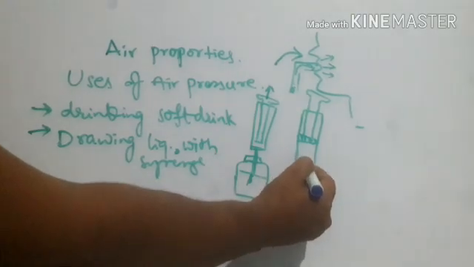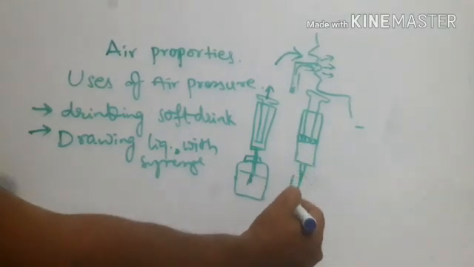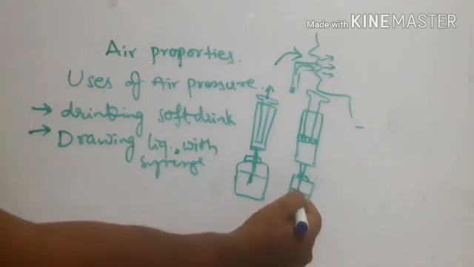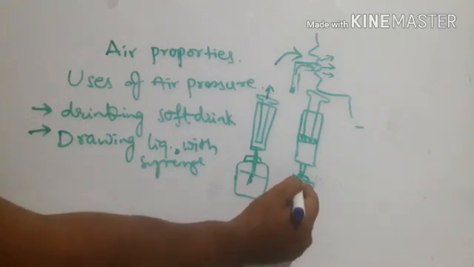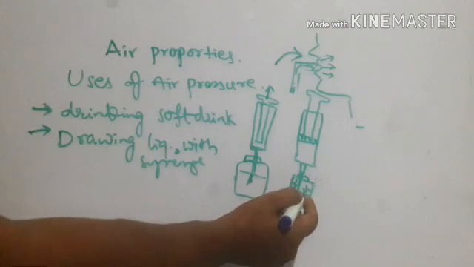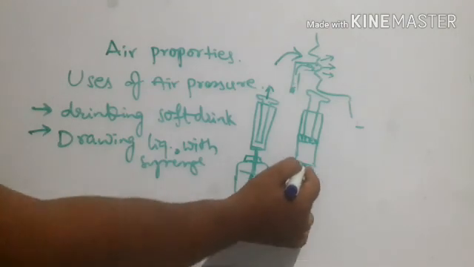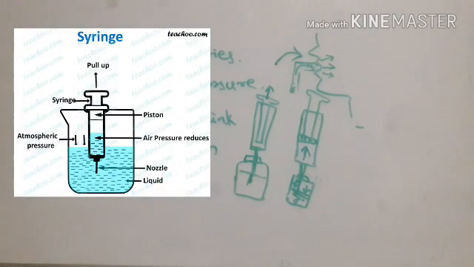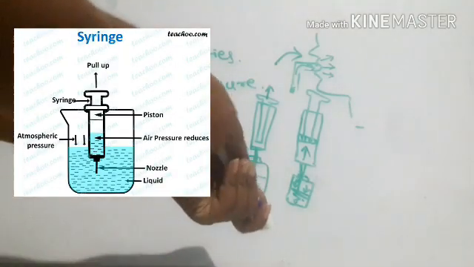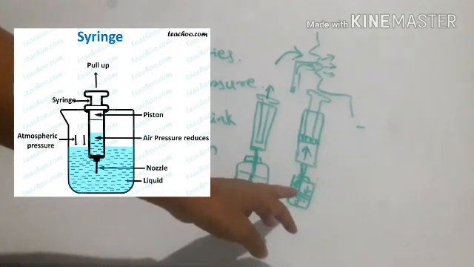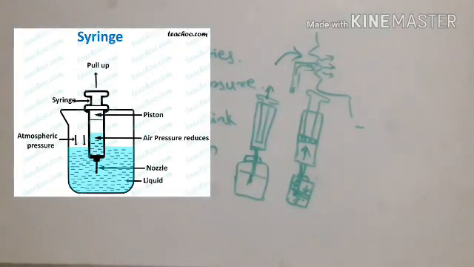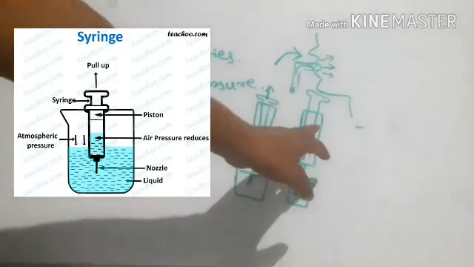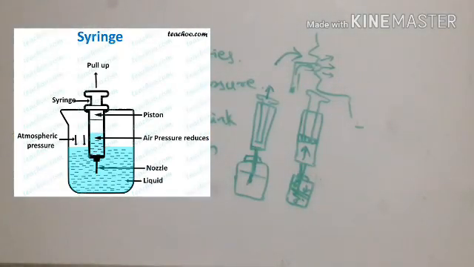So when there is a small air gap inside the bottle, then automatically the air pressure present in this bottle pushes the liquid to enter into the syringe. Very simple. When the doctor draws it out, it is because of air pressure applied from the sides. It pushes the water to enter into the syringe.